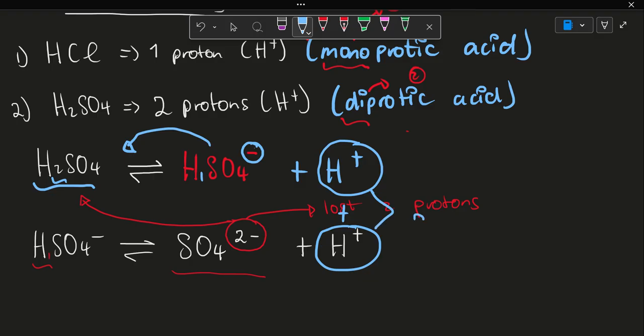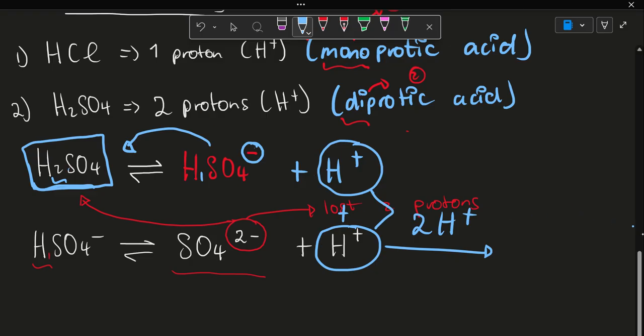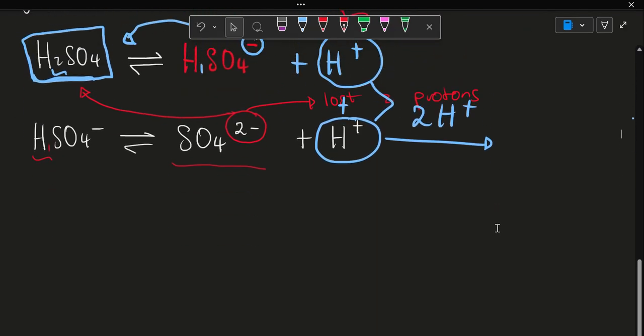These two give me 2H plus. Those are the 2 protons that I have actually lost from the original H2SO4. Remember, the number of hydrogen atoms tells me how many protons I can donate, and because I had 2 hydrogen atoms in sulfuric acid, that means I can donate 2 protons. Hey, I hope we are all on the same page.